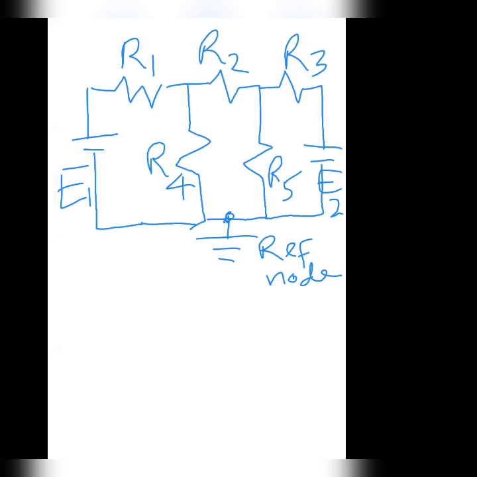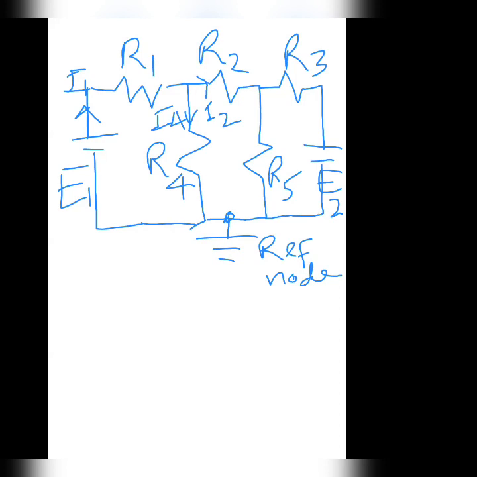Okay, now let us suppose that the current I1 is flowing through this R1 and this node is appearing, so current is divided as I2, and since this is R4, you can say the current which is flowing here is I4.